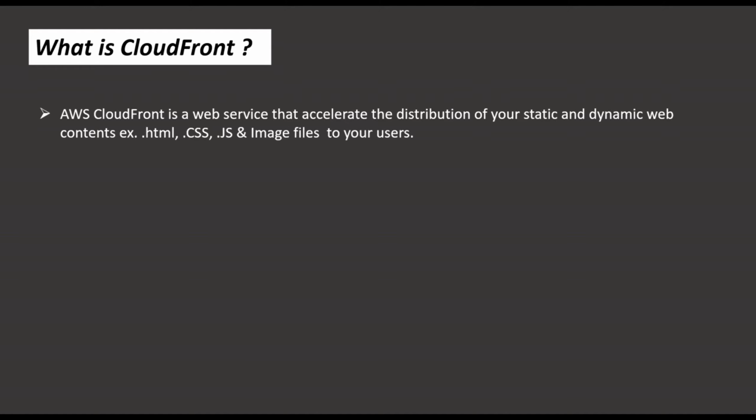Basically, it reduces the latency between the request made and the web content served by the web server. That is the work of CloudFront, and that is the meaning of accelerating the distribution. And the content can be static and dynamic, and CloudFront works for both.